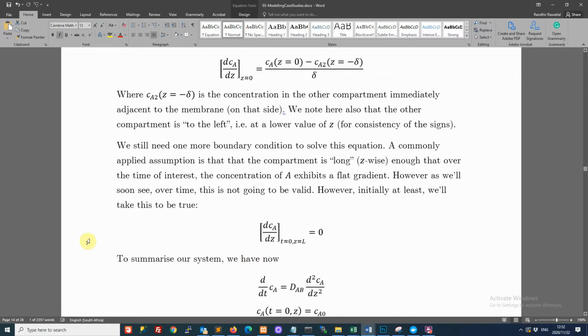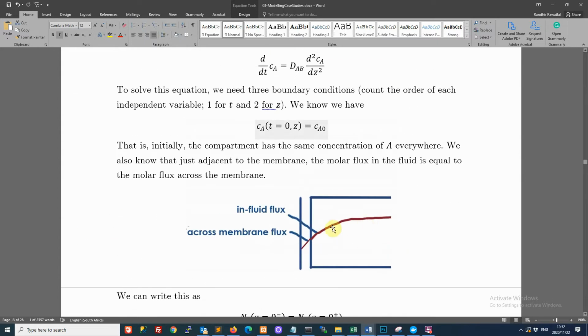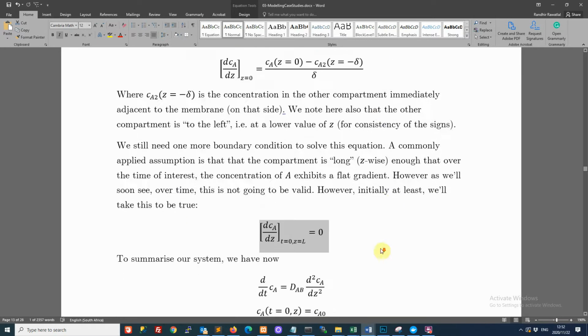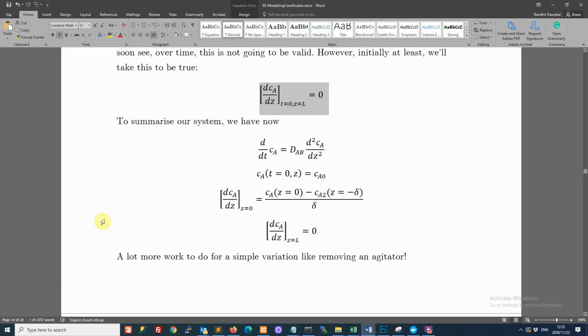And then the third one is a bit less clear. So for the third one, we could say that at least initially, if we look far enough down the tube, then initially we haven't had any diffusion through the membrane as yet. So far enough down the tube, the gradient was still flat. So we could say that. But you see, that's not going to last very long.